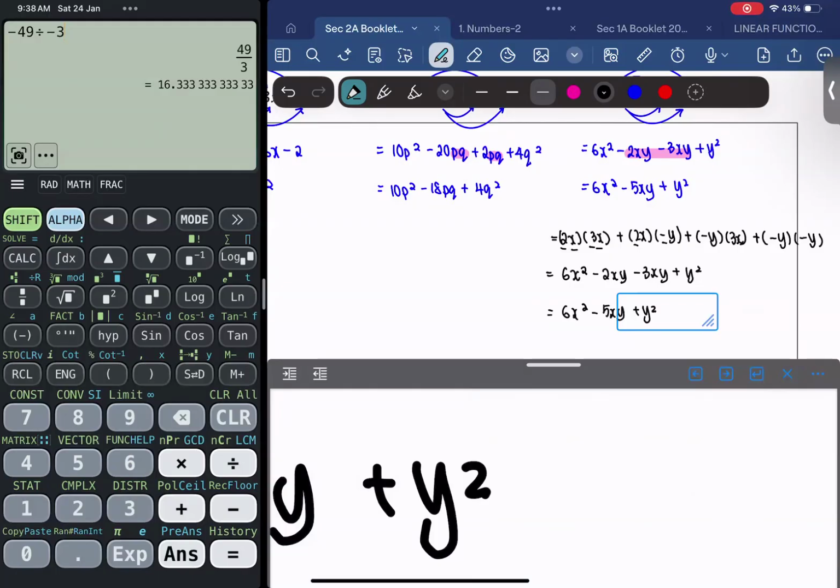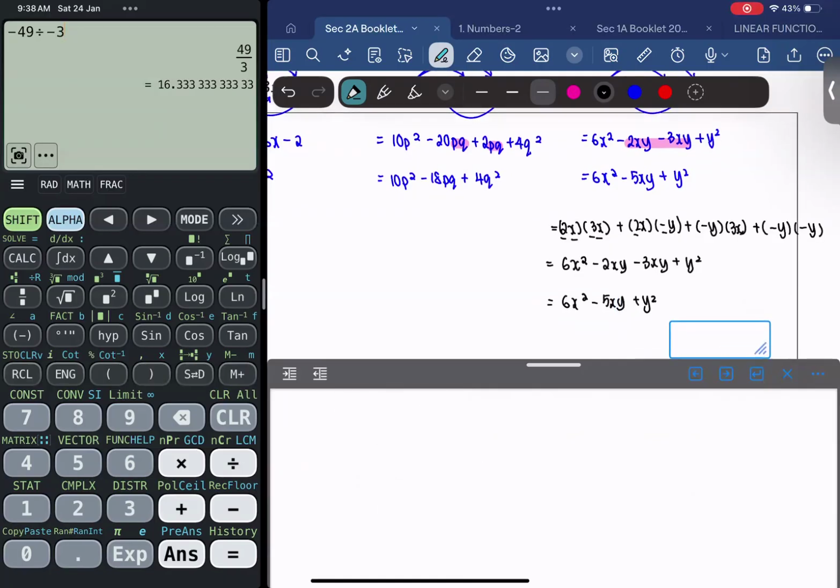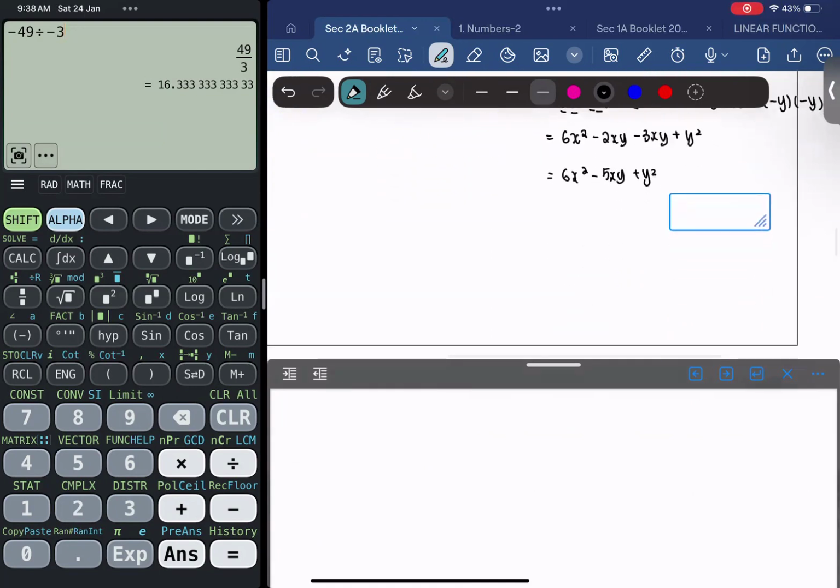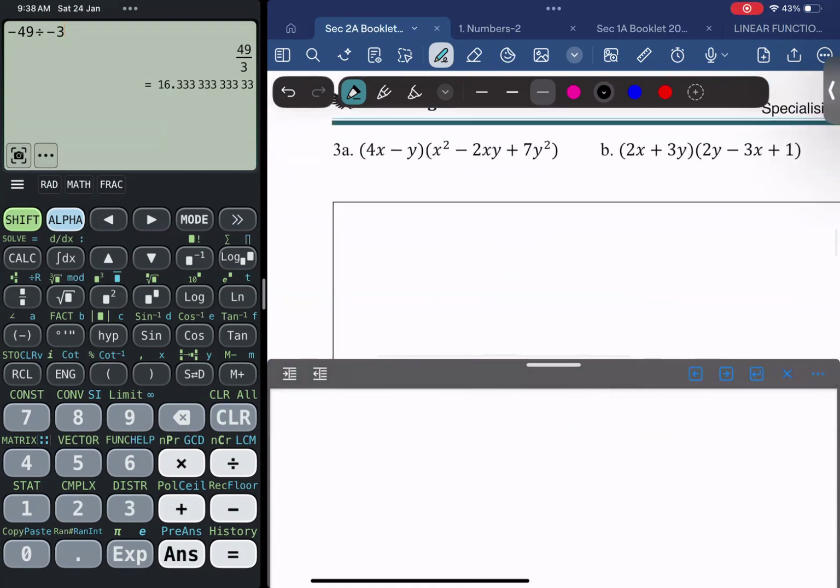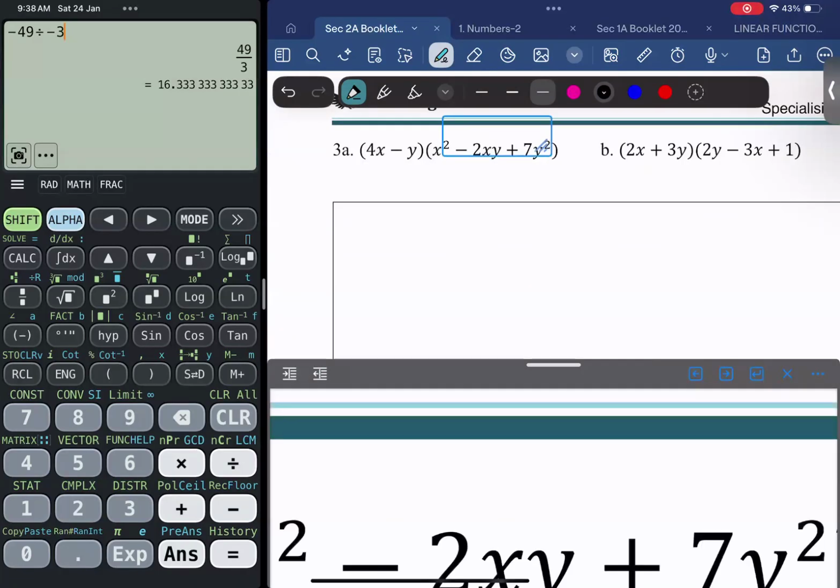Okay, can I move on? Yes? Okay, moving on, it starts to get difficult already. You can see the next page. You see there are 3 variables inside this bracket here. But the rule is the same.